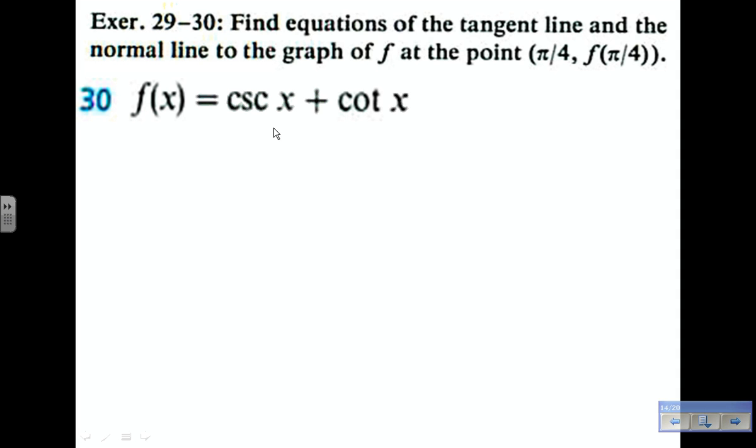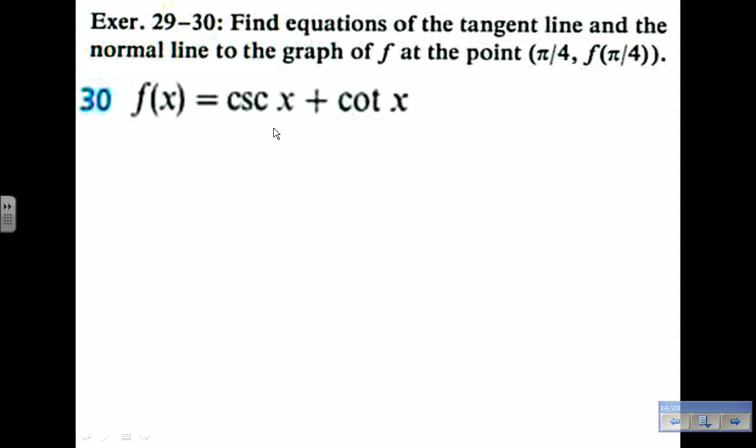Good. The slope of the tangent line is equal to f prime of x, right? How about for f prime of a? That equals the slope of the tangent line.